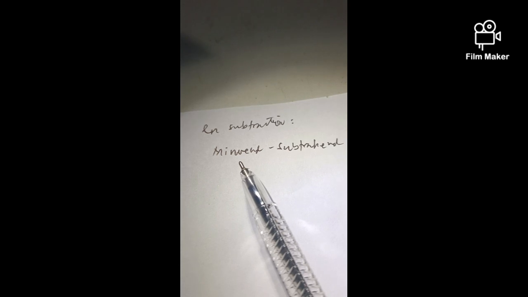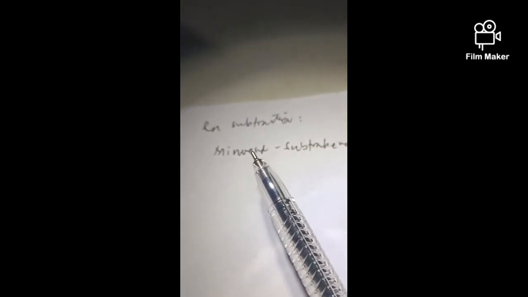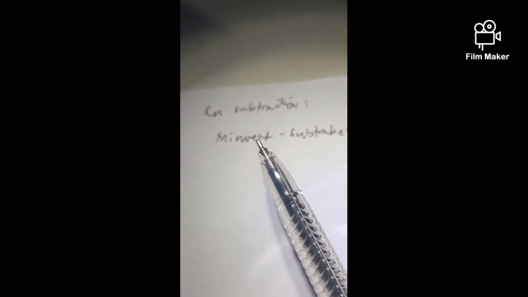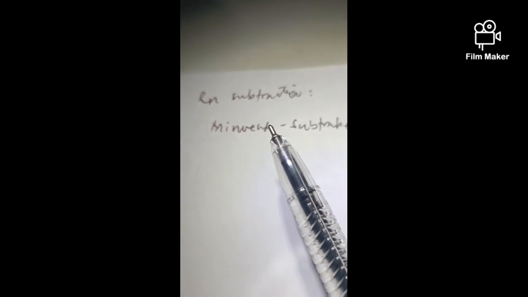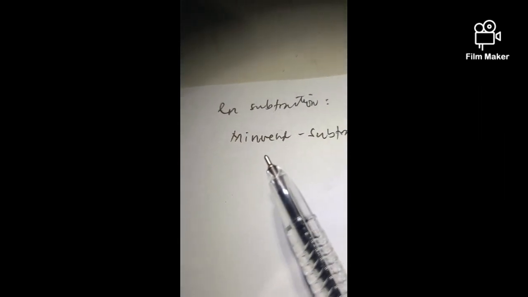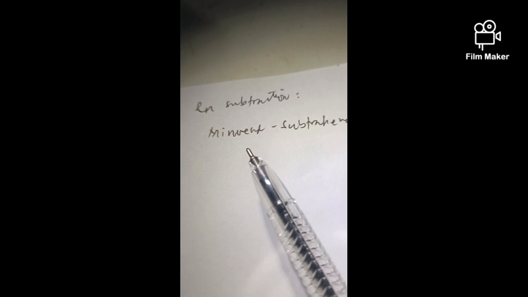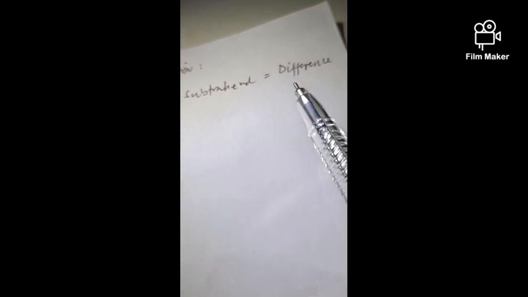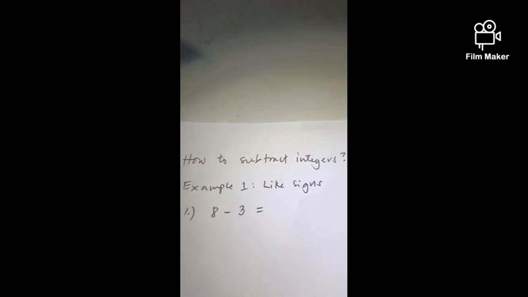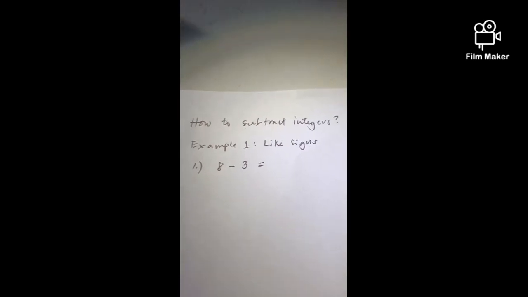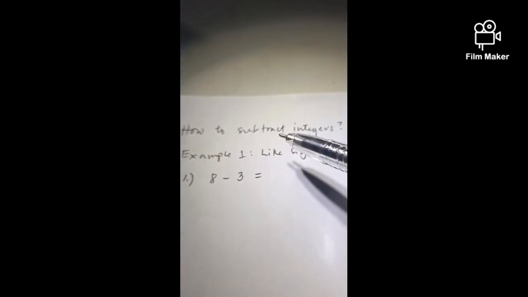So, yung number na maminusan is called minuend. And the number that we subtract from the minuend is the subtrahend. And the result of subtracting the subtrahend from the minuend is called difference. Okay?